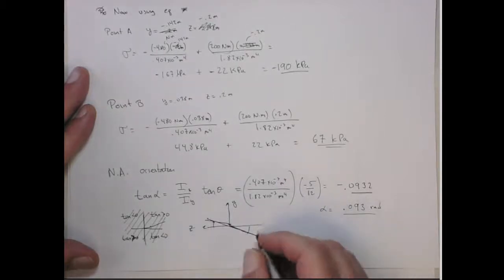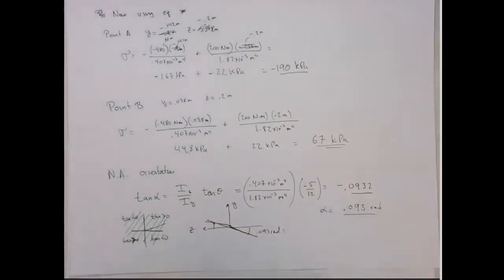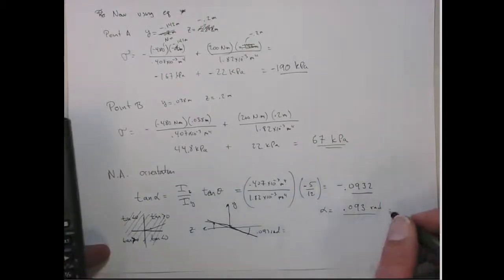So that's alpha equal to 0.093 radians, which in degrees is, I'm sorry, 5.3 degrees.